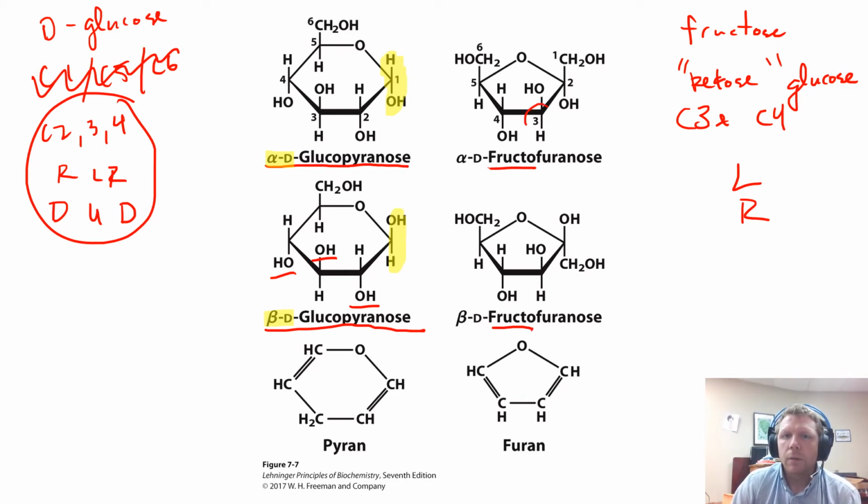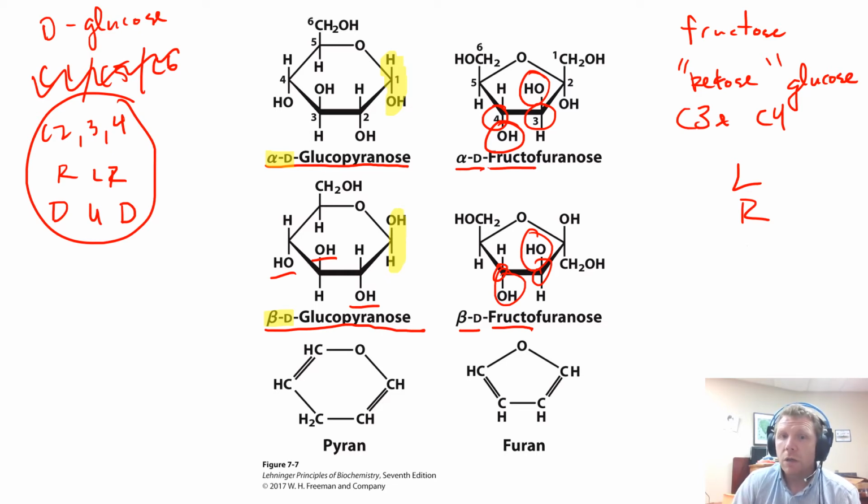We want to look at carbons 3 and 4. Left corresponds to up, right corresponds to down. So does this follow? It does. Okay. The difference between these two sugars is, well, they're both fructose, but we've got alpha D versus beta D. Okay.